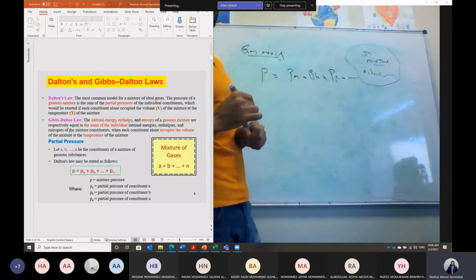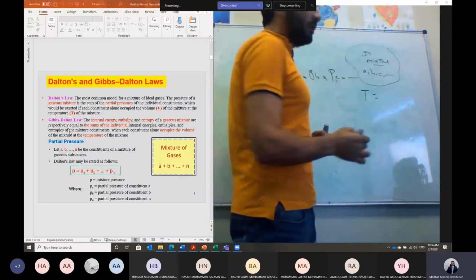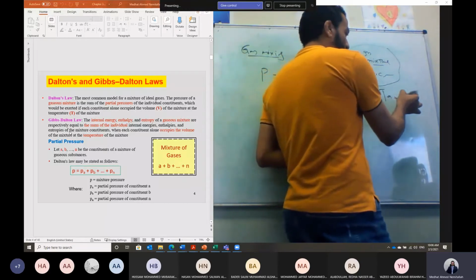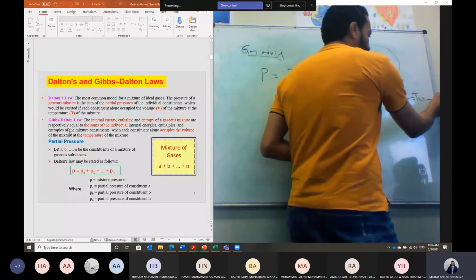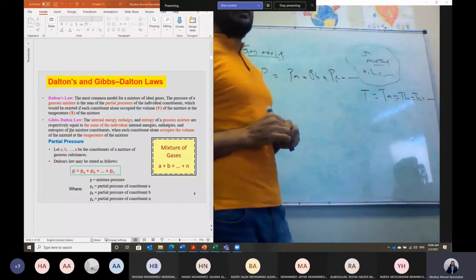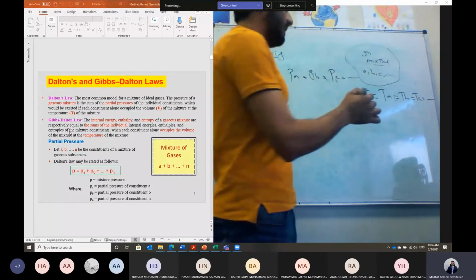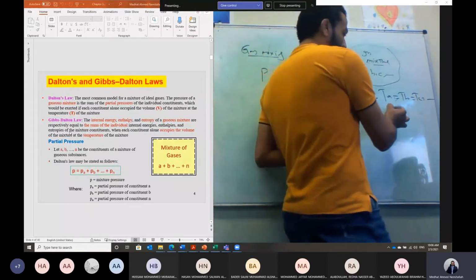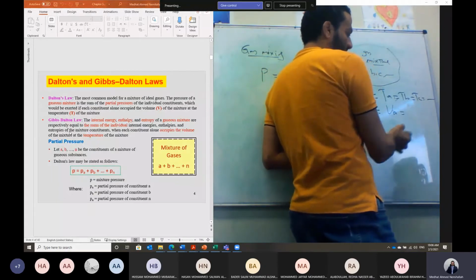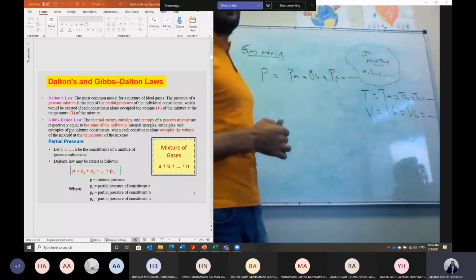But this is under the condition that all components have the same temperature. So the temperature of species A is the same as the temperature of B, the same as the temperature of C, and so on. All gases inside this container have the same temperature, and they occupy the same volume. The total volume is equal to the volume occupied by gas A, and the same as the volume occupied by gas B, and so on.